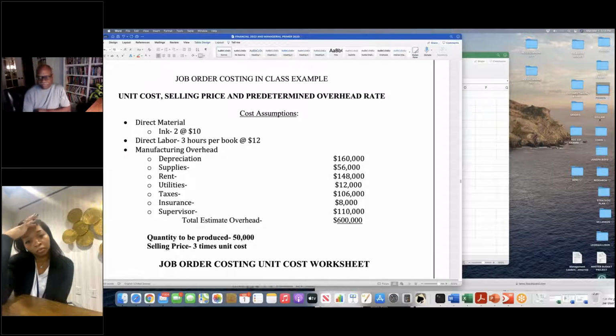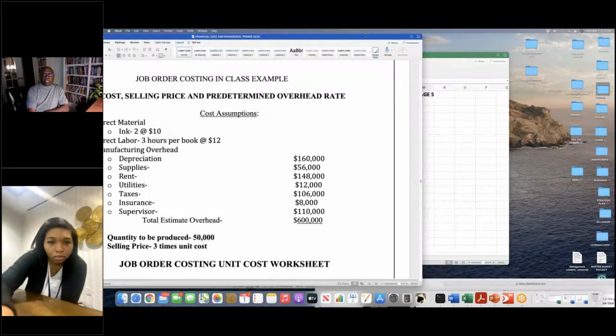Okay? So we got to get this problem assigned to people so they can work on it. So I can put it over here. Okay, so let's see if we can get this problem assigned.